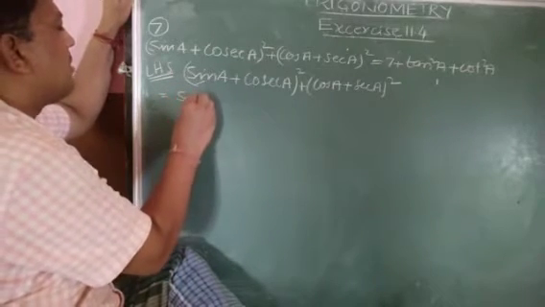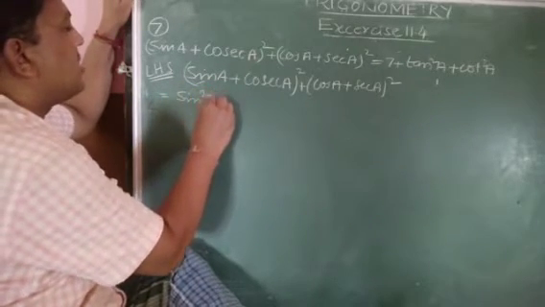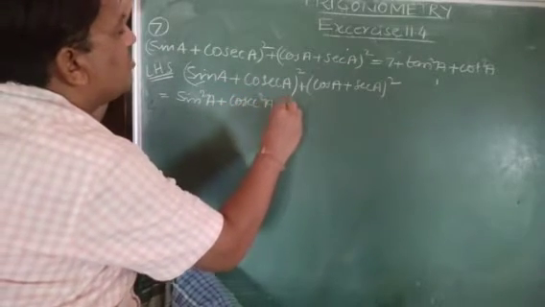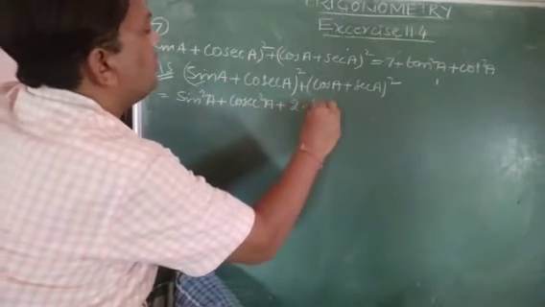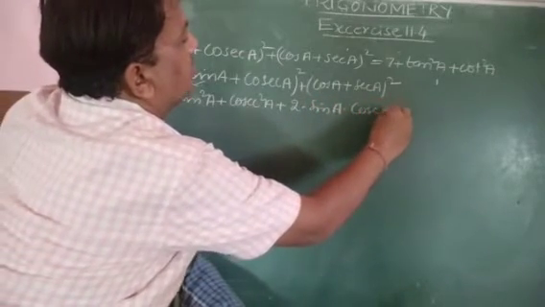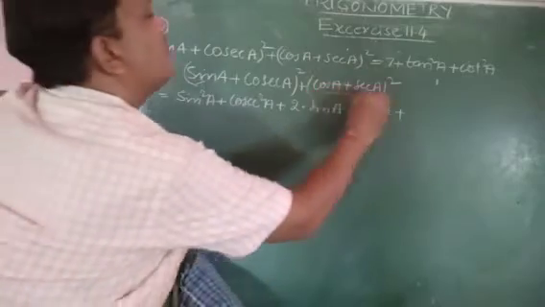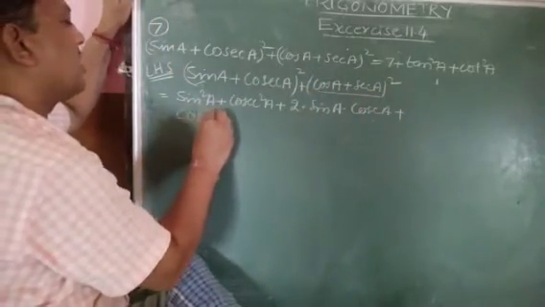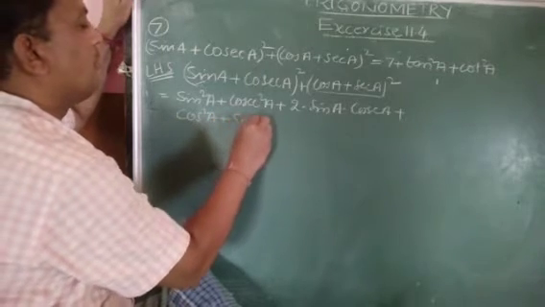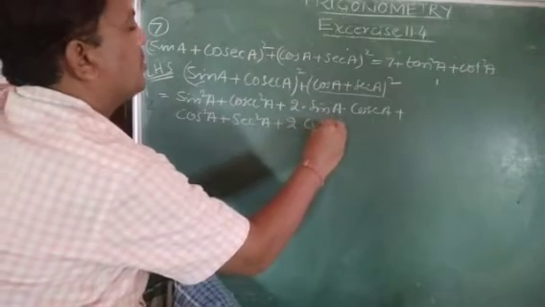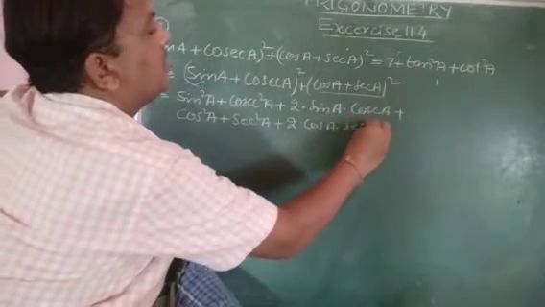So just apply that: a square plus b square plus 2 into a into b. Now come to this one, (a plus b) whole square, a square plus b square plus 2 into a into b.